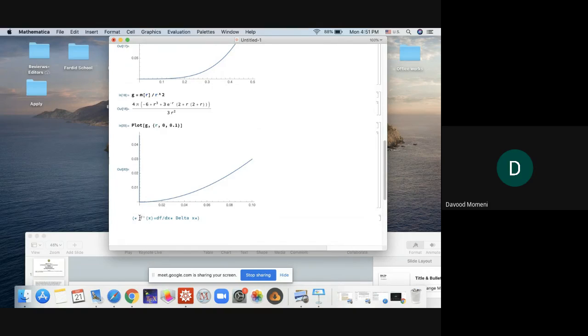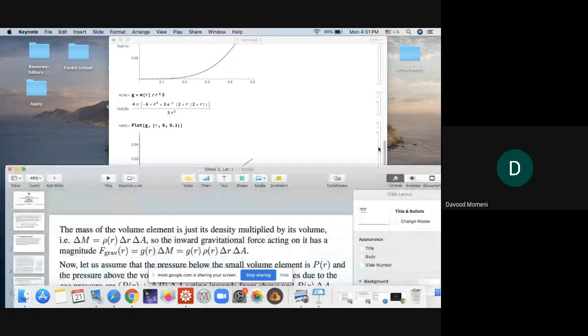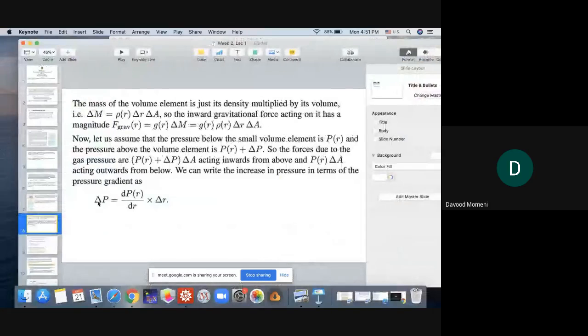You see that this is a very general equation in mathematics, a first approximation, that gives you the pressure gradient.